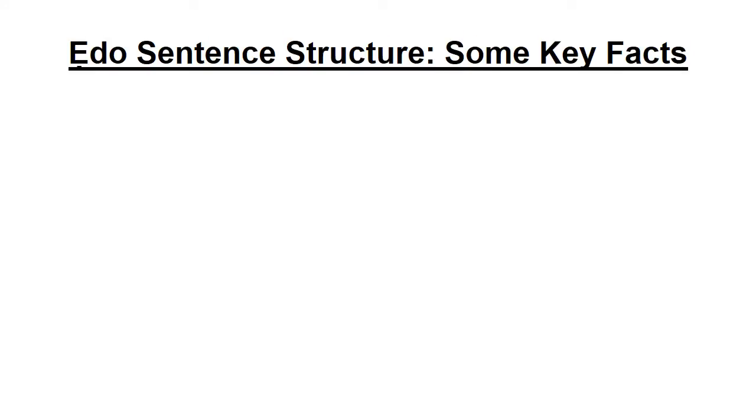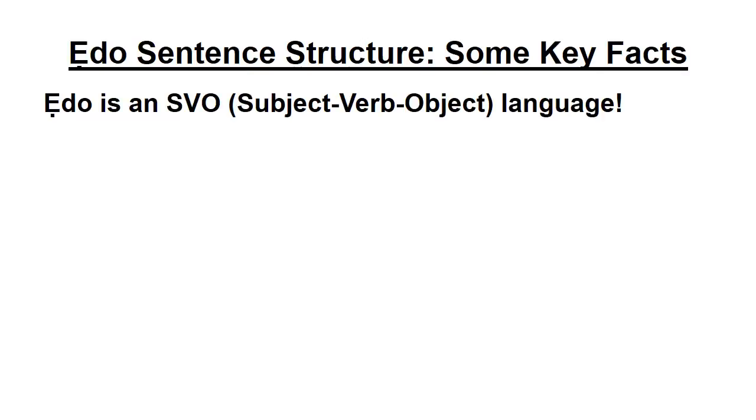Now, first of all, I'll present you some key facts that relate to Edo language structure, or how words are ordered in Edo sentences. So the first thing is that Edo is an SVO language. So it's a subject, verb, object language. There are other languages that are SOV, OSV, and so on, but Edo is SVO, just like English.